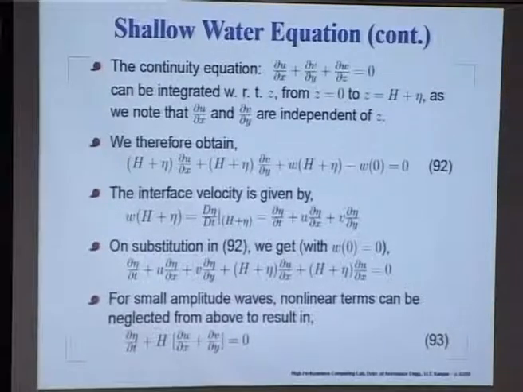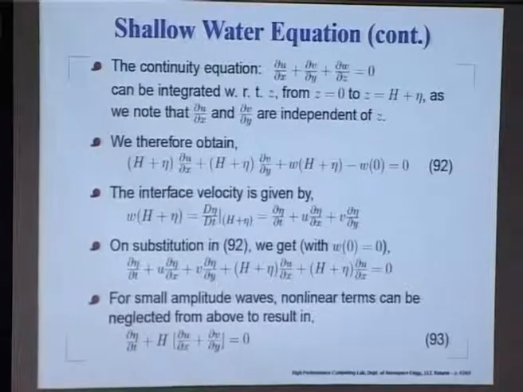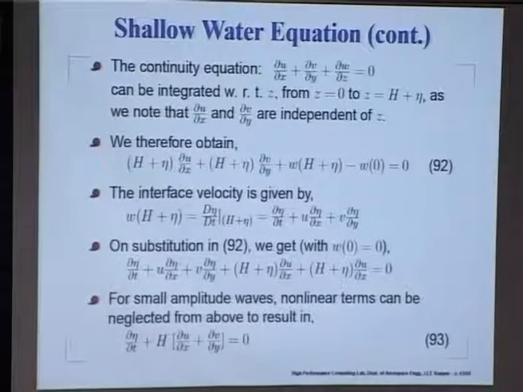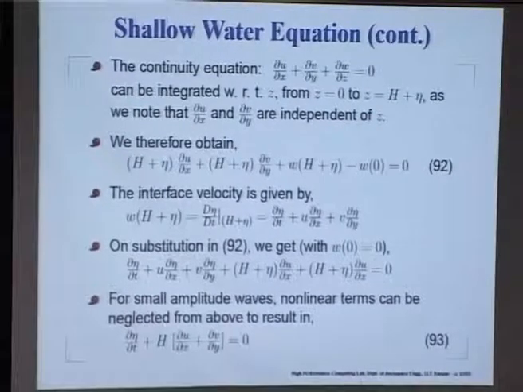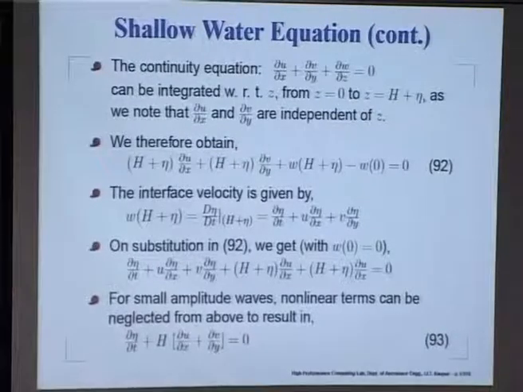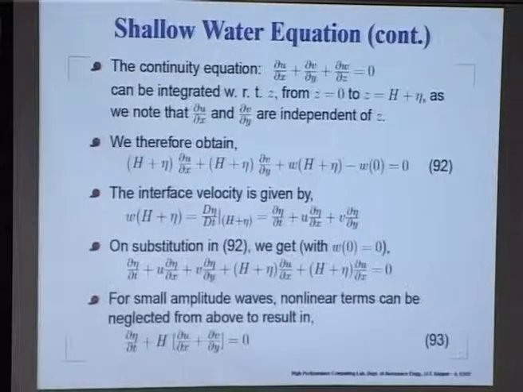Now, what we need to do is get some estimate of this w velocity at the wave interface, and that can be obtained from this kinematic condition, right. The del eta del t at h plus eta would be that local acceleration term del eta del t plus the convective acceleration brought about by the u and v velocity there.